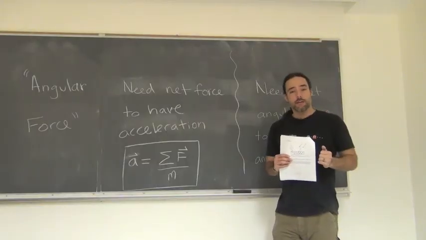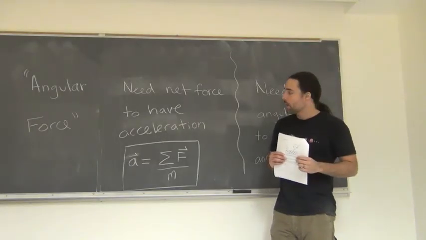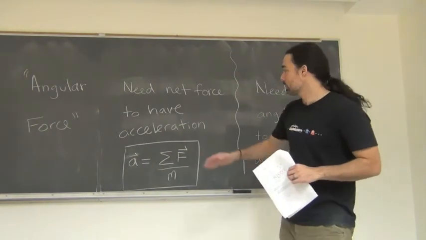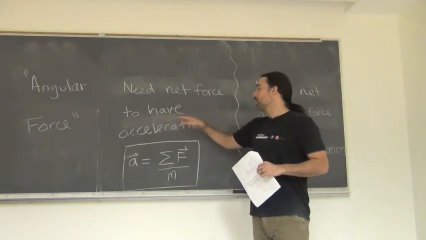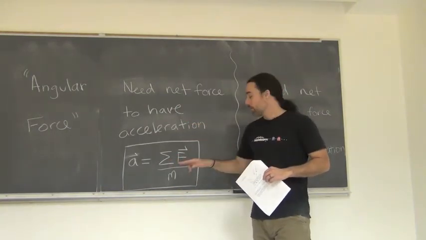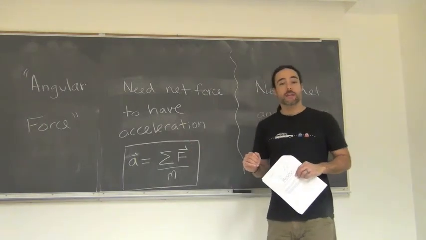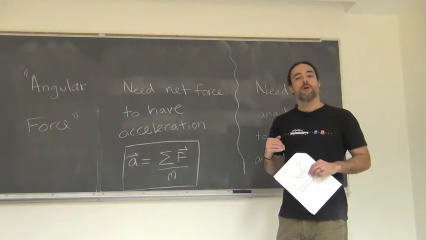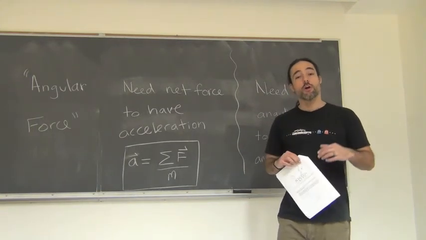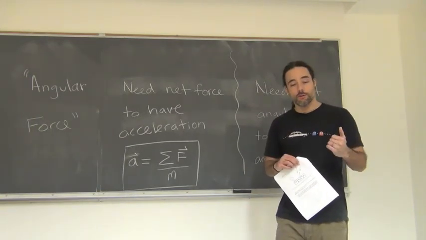So we talked about angular acceleration. But to have an acceleration, you need a force. You need a net force to have an acceleration, just based on Newton's second law, where we sum up the forces and get the mass times the acceleration. So that would seem to imply that to have an angular acceleration, we'd also need some type of angular force.